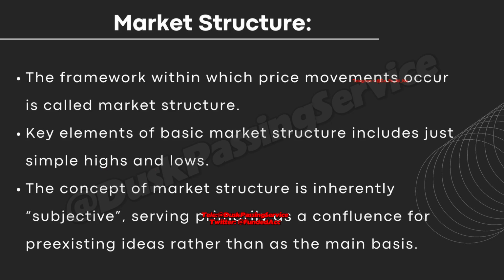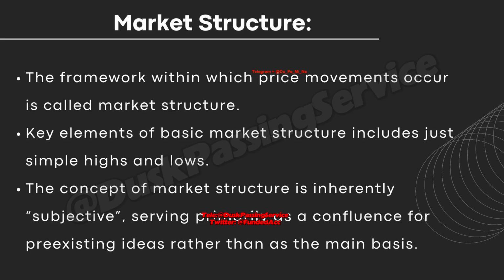Moving on. Now, the key elements of basic market structure are just simple highs and lows, right? We know that the markets are made up of multiple and various types of highs and lows. And it's actually these highs and lows which make up the whole market and define its structure. Now there are multiple methods to approach these highs and lows, and that will define your type of market structure and your position as an analyst, right?